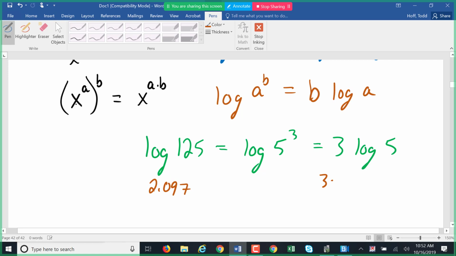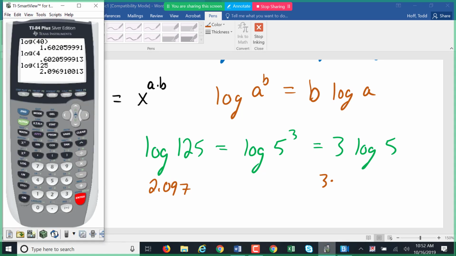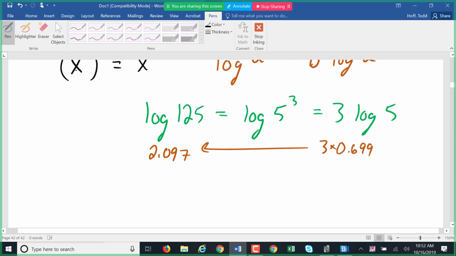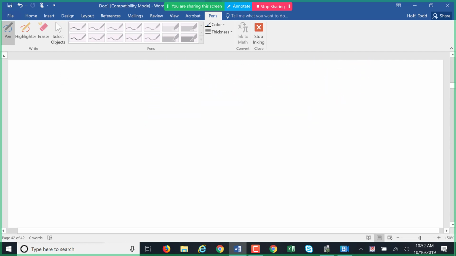Over here, it's 3 times, let's calculate the log of 5, which is going to be 0.699. If we multiply that out, we do get 2.097. So these rules for logs allow us to take different logs and split them up.